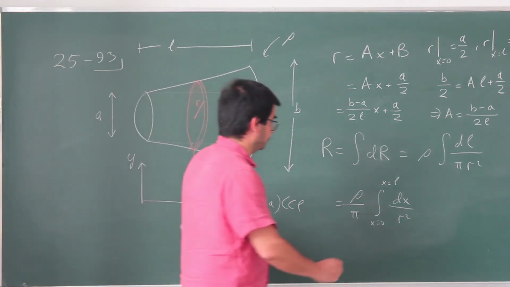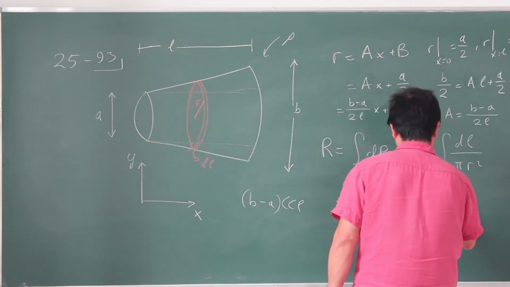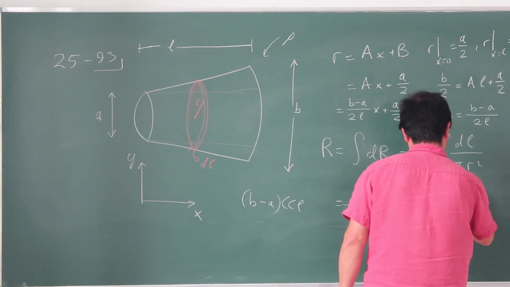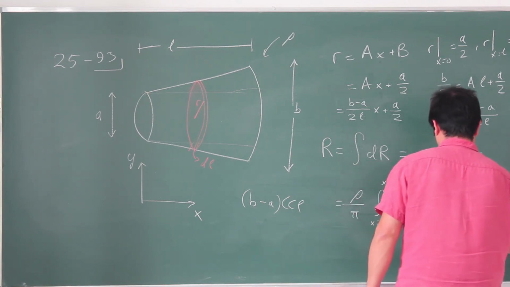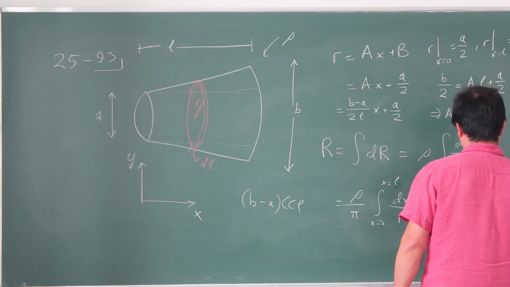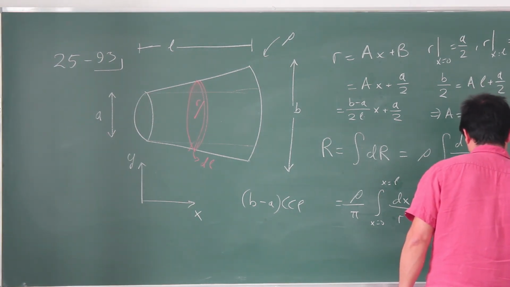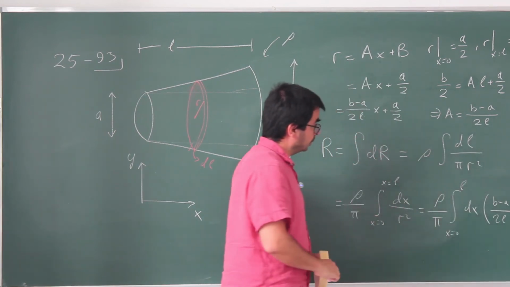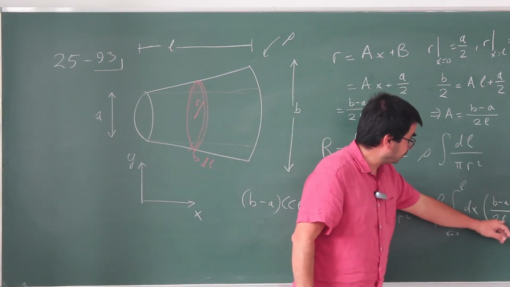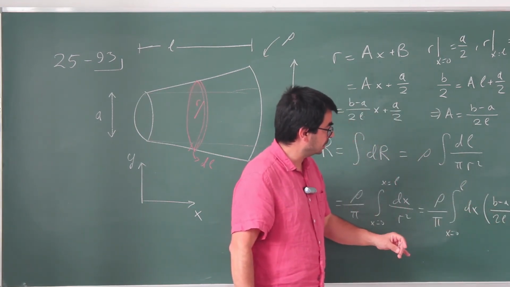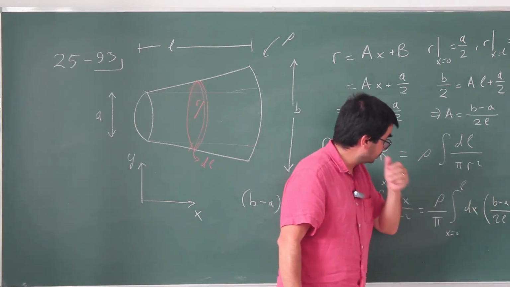But what you can do is you can write it this way: the integral from x equals 0 to x equals L of dx, b minus a over 2L x plus a over 2 to the minus second power. Okay? Now, this is a small number. We know this is a finite number. a is large with respect to this one.